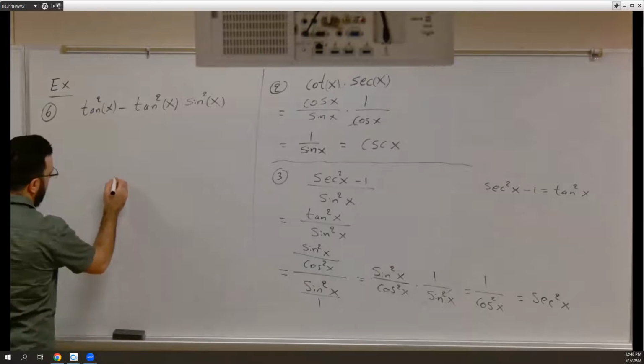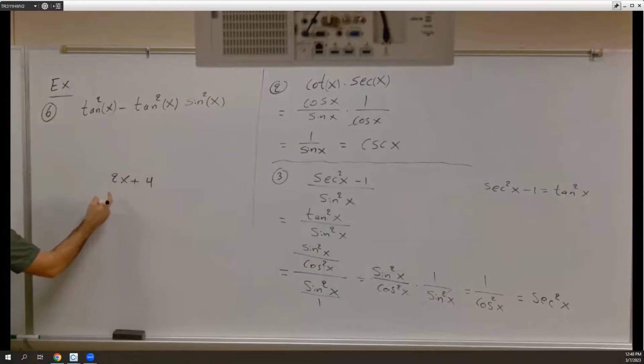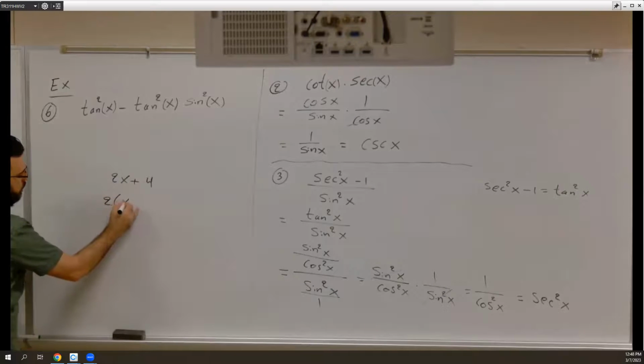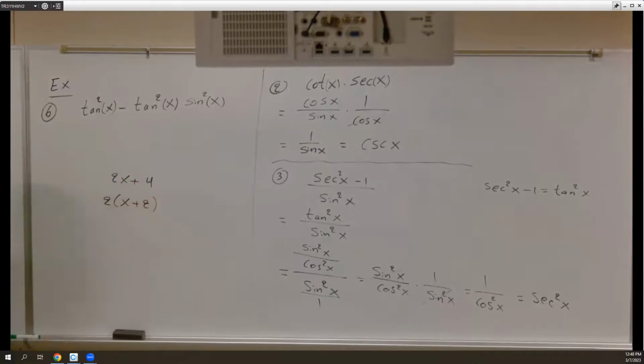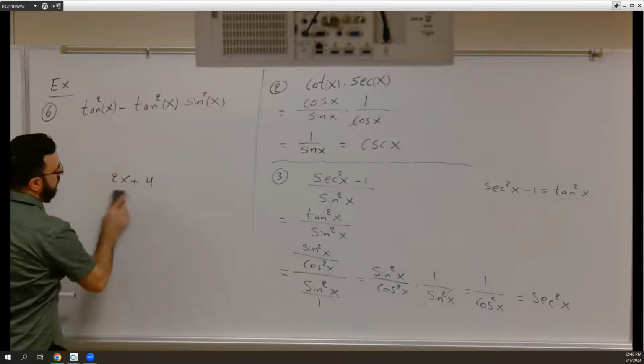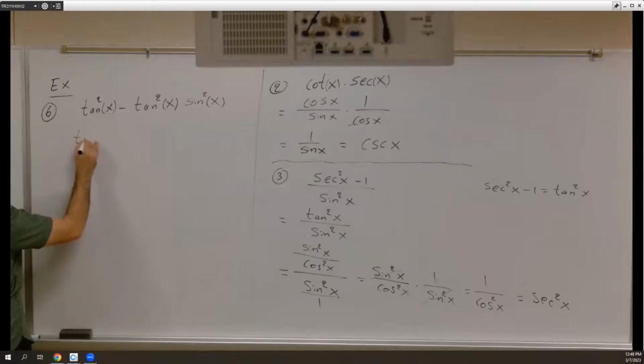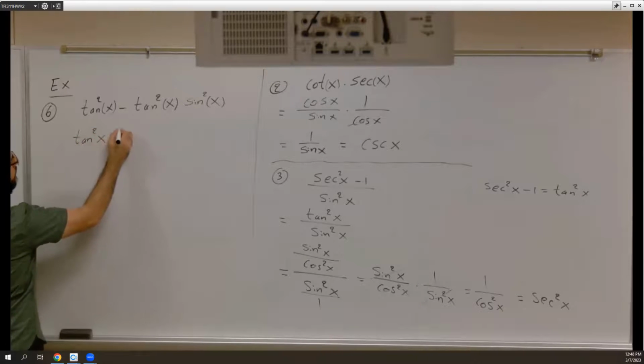If you have 2x plus 4, can I take the 2 as a common? 2 times x plus 2. Yes or no? We're gonna do the same thing here. I have common here with the tangent. So I can say, okay, here is the tangent square x.